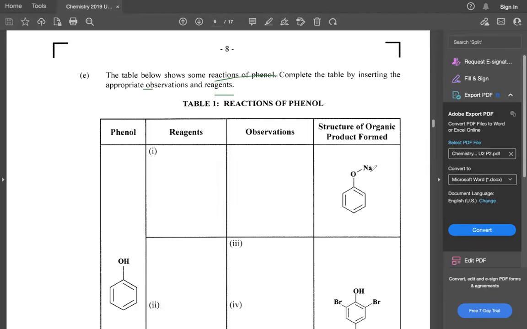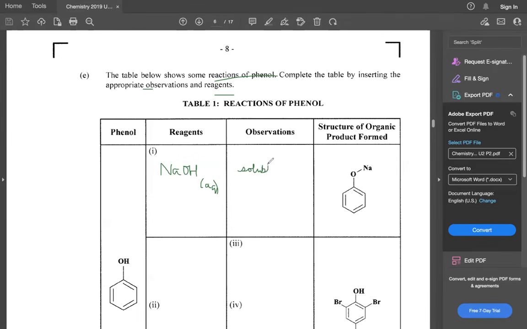In terms of reagents to go from here to here, we would need aqueous NaOH, because that's where our Na is going to come from. And what we're going to get is a soluble salt out of that.